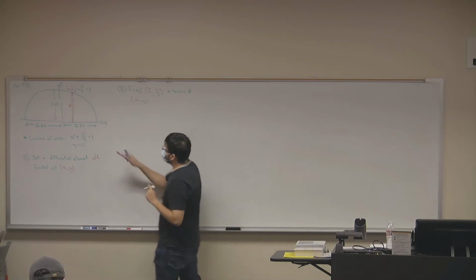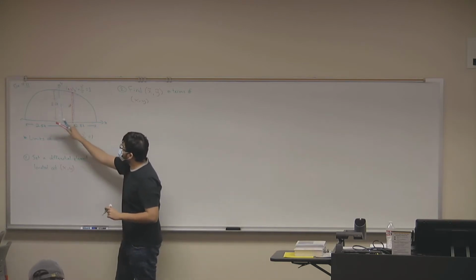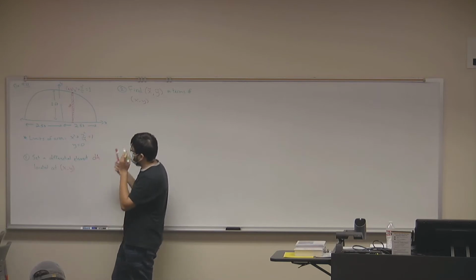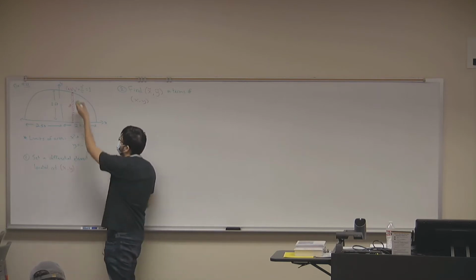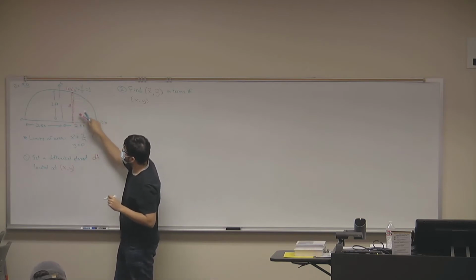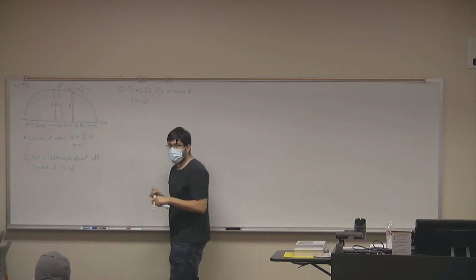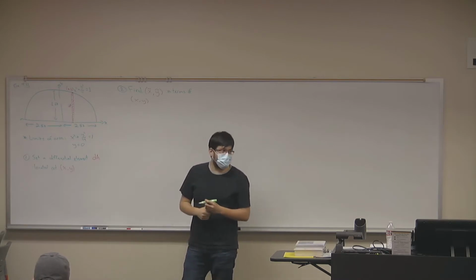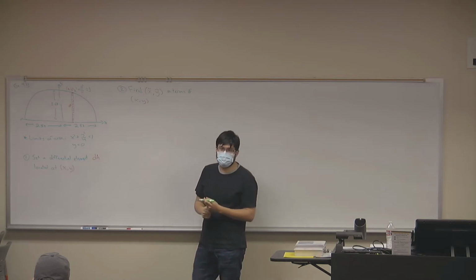Now this is a differential element, right? Which, if we were to zoom in as much as we can, we would essentially see a rectangle, right? So where do you think is the centroid of this differential element? The centroid of that little rectangle. Where's the centroid of a rectangle? At the center, right?